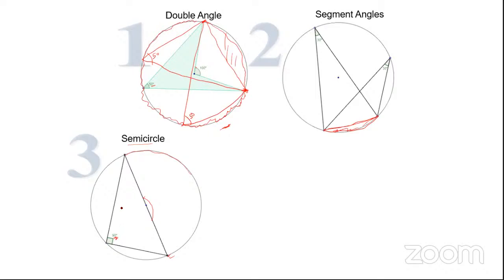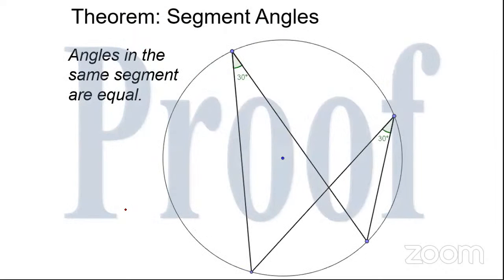That's why they say the angle in a semicircle is a right angle, because the angle at the center has been expanded up to 180 degrees. So the one at the circumference would be half of the one at the center, and that is why this one is 90 degrees. So that is the statement of that particular theorem.